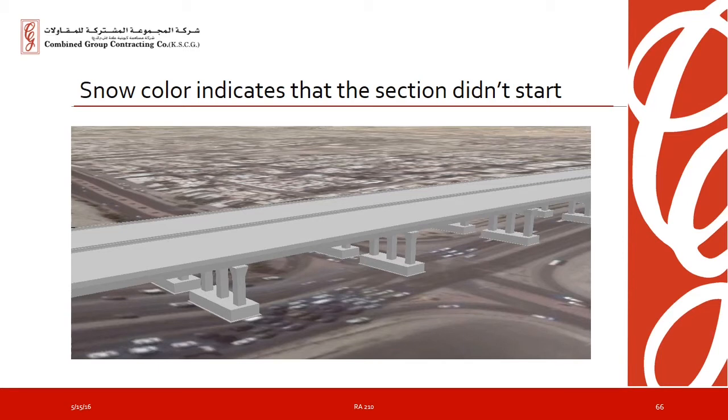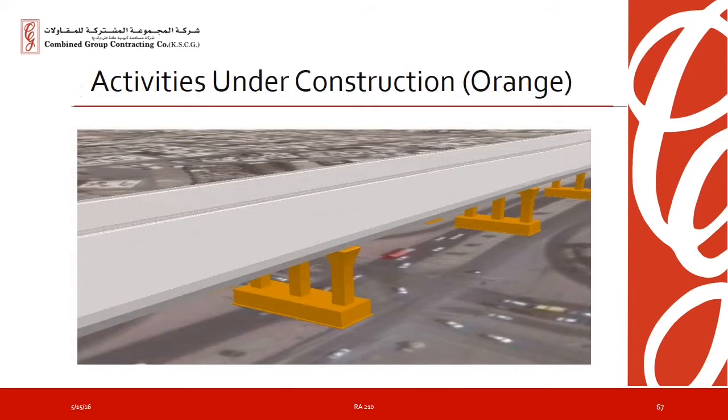And as we work on a particular element, once the progress is more than 1% in that particular element, we switch the color from snow to orange. So by looking at it, you will be able to physically know which areas are under construction.